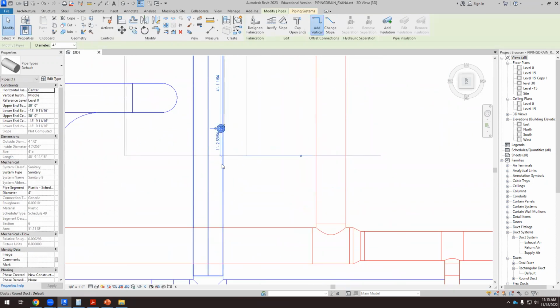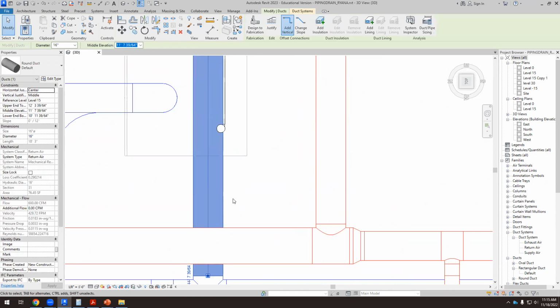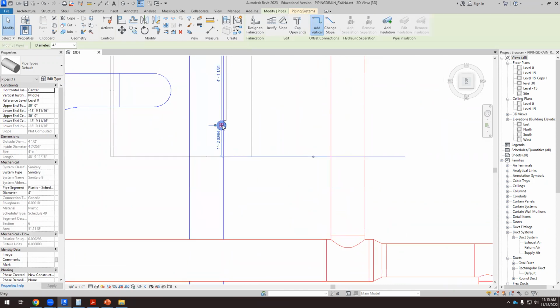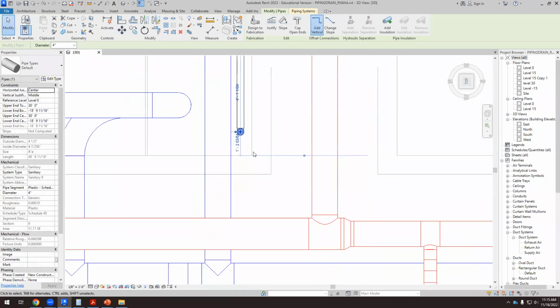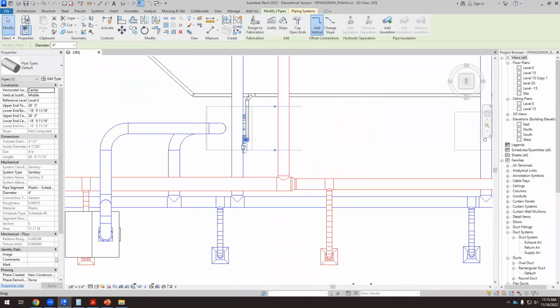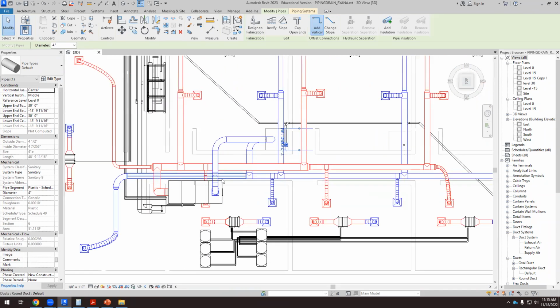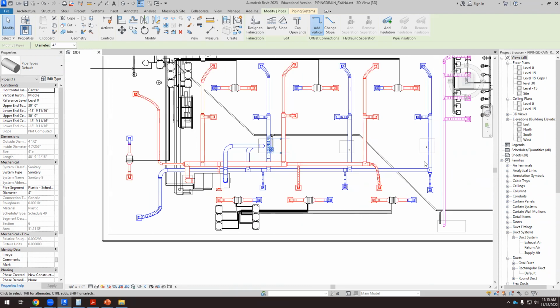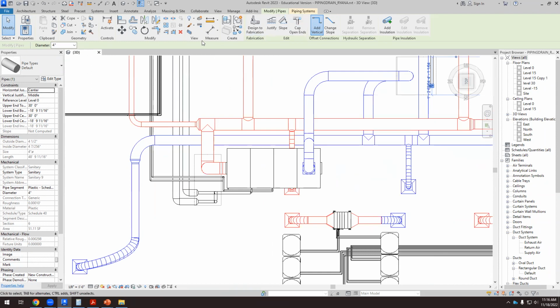You have a downspout going through the duct. Don't do that. Okay, that's a terrible mistake. So we have to make sure that there are no intersections between air and water and all that. So 1, 2, 3, 4. I'm going to place another one there.